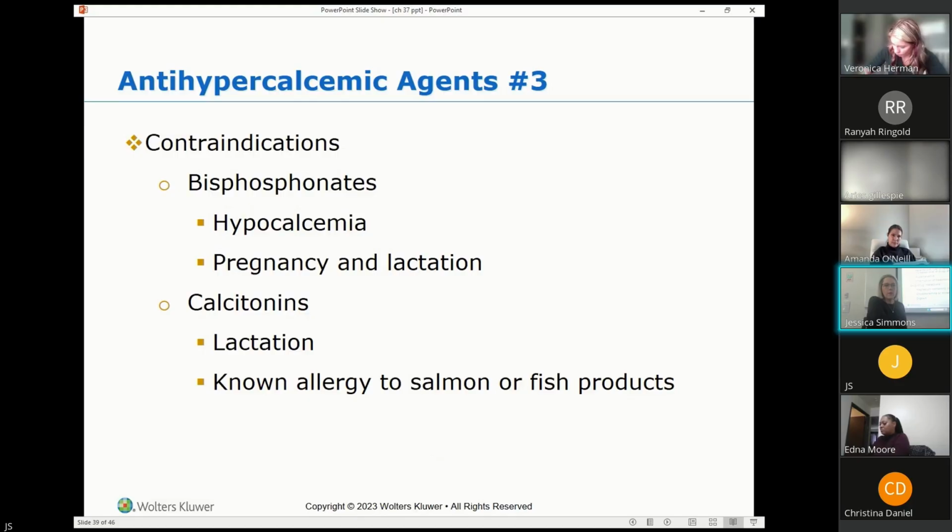There's lots of commercials out for Fosamax. So biphosphonates include Boniva. We've all seen commercials for Boniva too. So Boniva and Fosamax are your most common biphosphonates. These drugs are used in the treatment of Paget's disease and of postmenopausal osteoporosis in females. And alendronate is also used to treat osteoporosis in males.